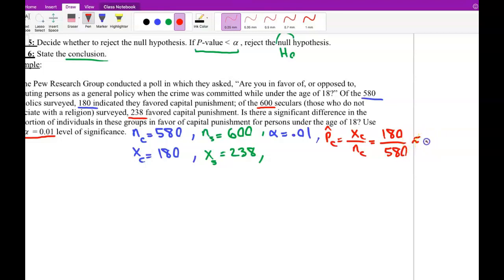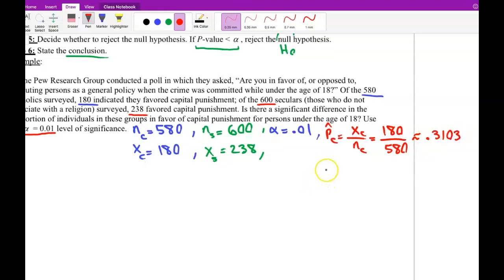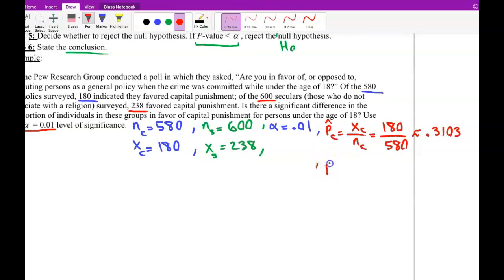Okay, that is 0.3103. Now for this group, X divided by N. X is 238 and N is 600. Okay, here we have 0.3967.